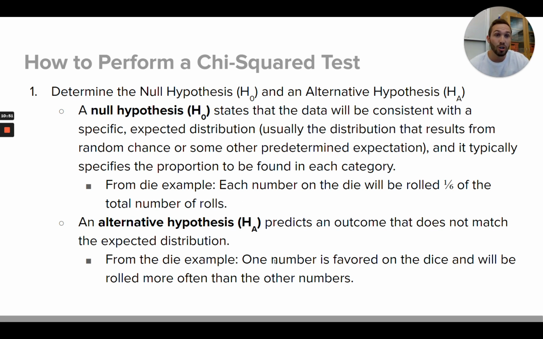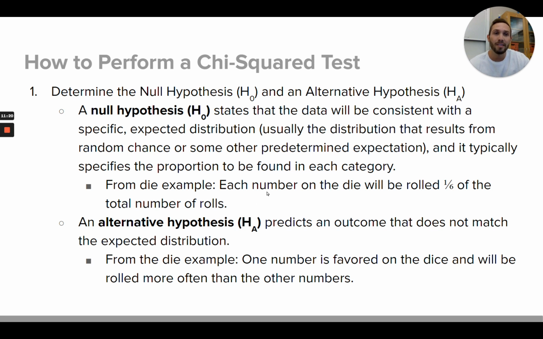That would be a good alternative hypothesis for this dice rolling experiment. Or you could just make it the opposite of the null hypothesis. If the null hypothesis says that each number on the dice will be rolled 1/6 of the time, you could say for your alternative hypothesis, each number on the die will not be rolled 1/6 of the time. That would be fine too, which is basically saying the same thing here. Or you could pick a number. You can say 6 is going to be rolled more often than the other numbers.